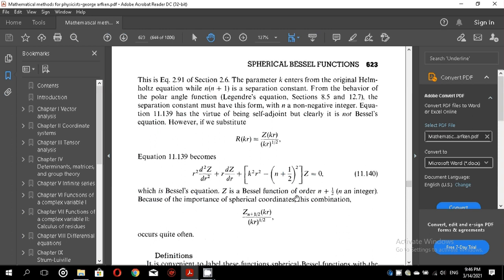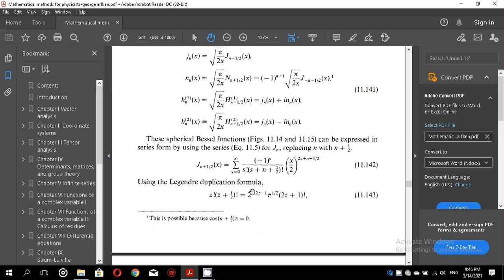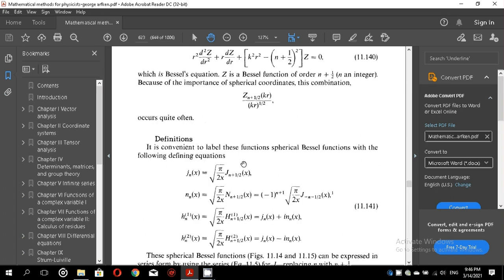So please go through all these steps in my notes to see this conversion. And this is how the spherical Bessel's functions are defined, and this factor, the square root of pi over 2x, is in fact the normalizing factor attached to these.